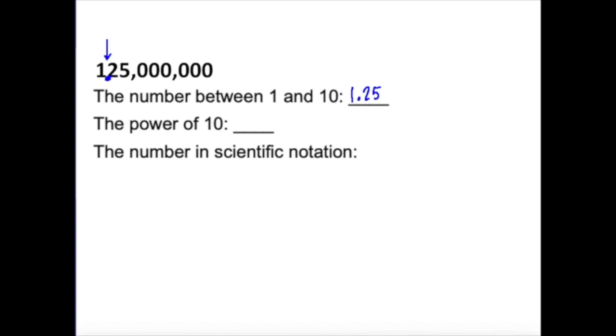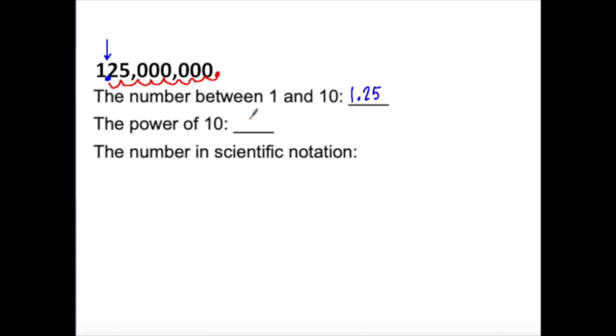Okay, so now I've found my number between 1 and 10. Now I need to find the power of 10. So to start with, my decimal is right here behind the last 0. So each time I move the decimal, that is 1 power of 10. So 1, 2, 3, 4, 5, 6, 7, 8.